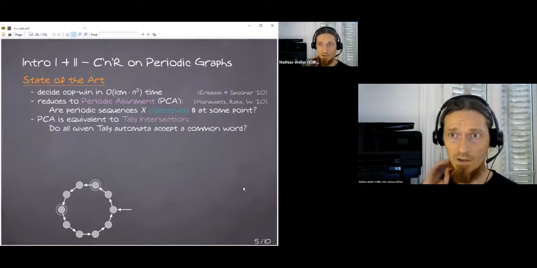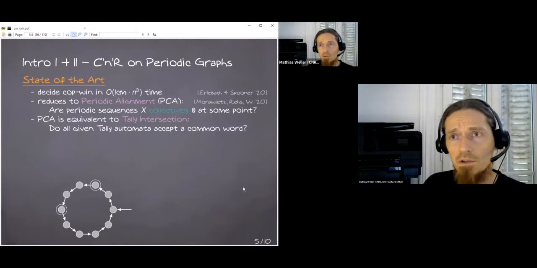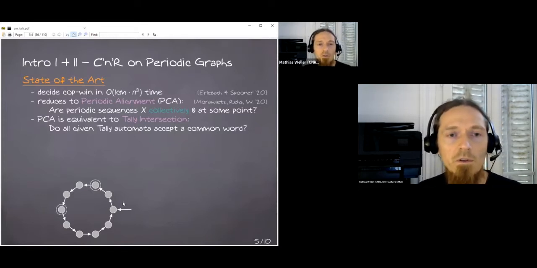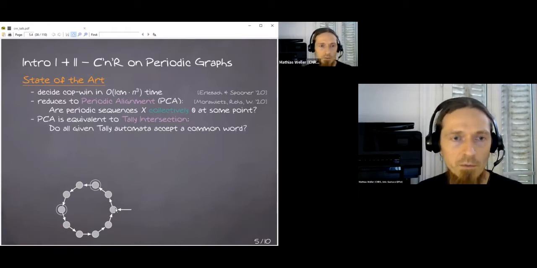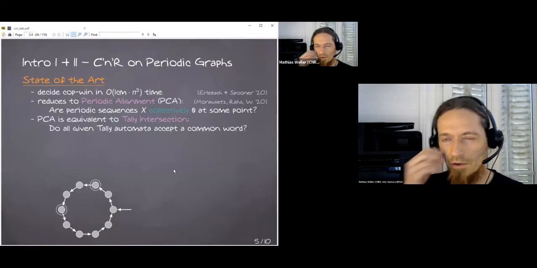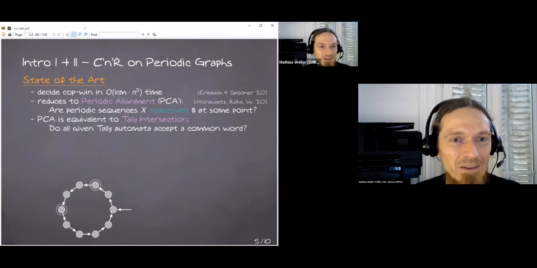Okay. In the review process, we got a comment from a reviewer saying that this is actually equal to something called tally intersection, where you are given a bunch of tally automata, and the question is whether they accept a common word. And what is a tally automaton? It's basically a deterministic finite automaton which accepts a language that can contain only one character, unary.